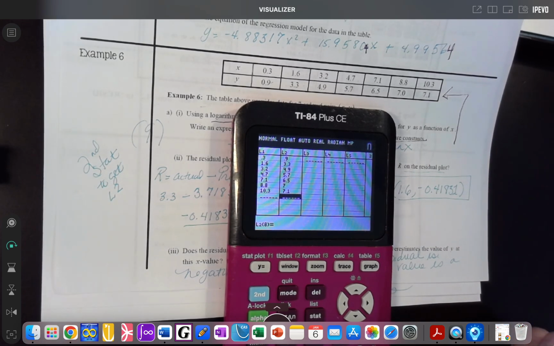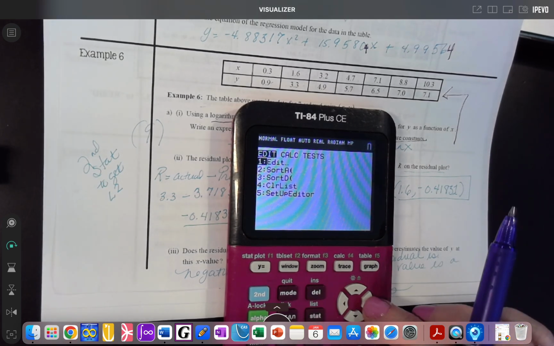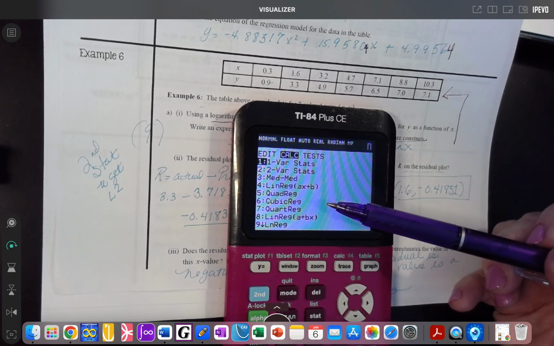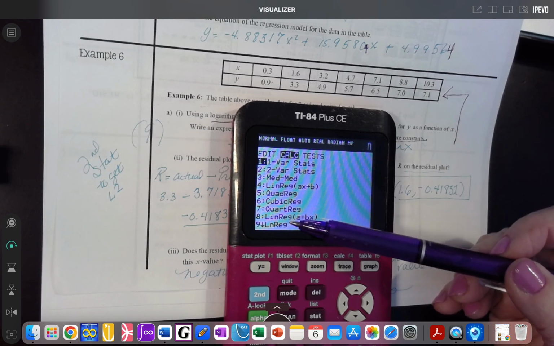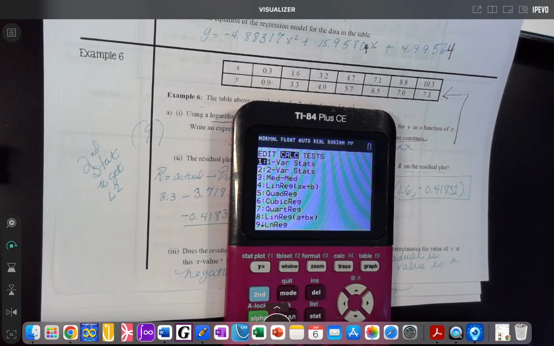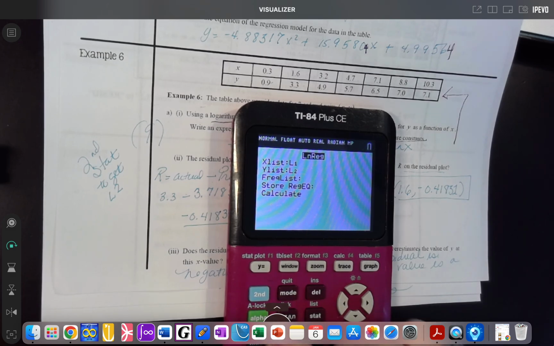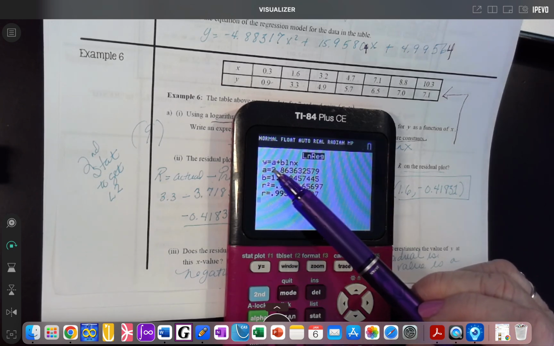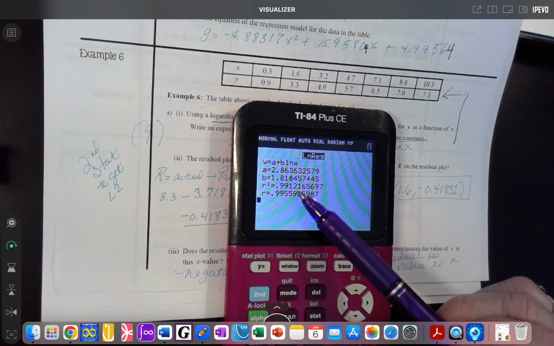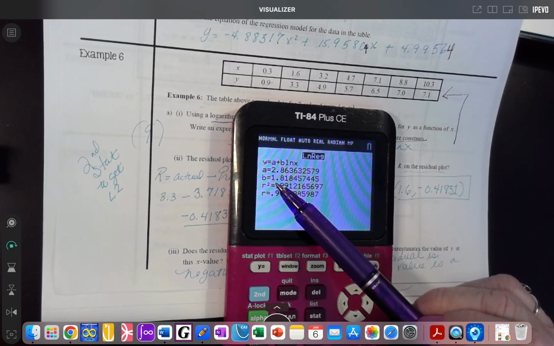So now let's do stat calc again, and this time you're going down to LN regression, so 9, and you hit L1, L2. Now let's remember it's alpha trace to get our Y1, and then we're going to hit calculate, and you can see it's y equals a plus b ln x, and so we have a and b.